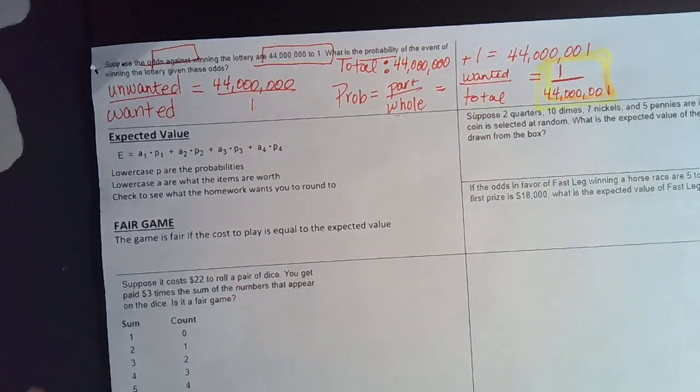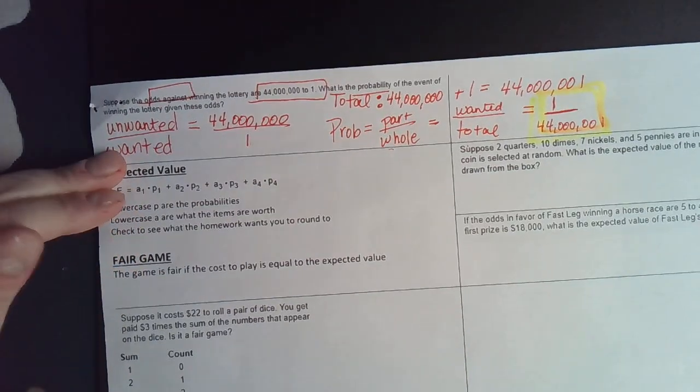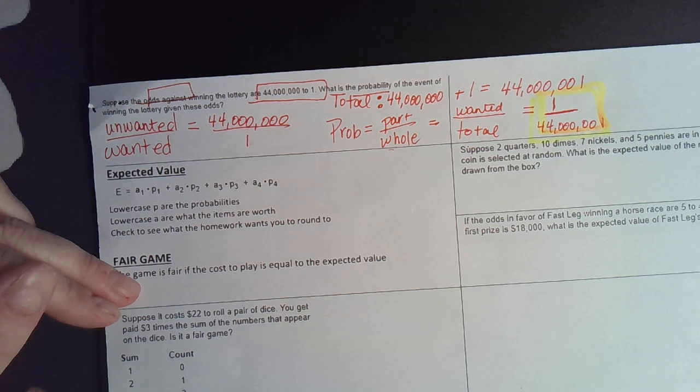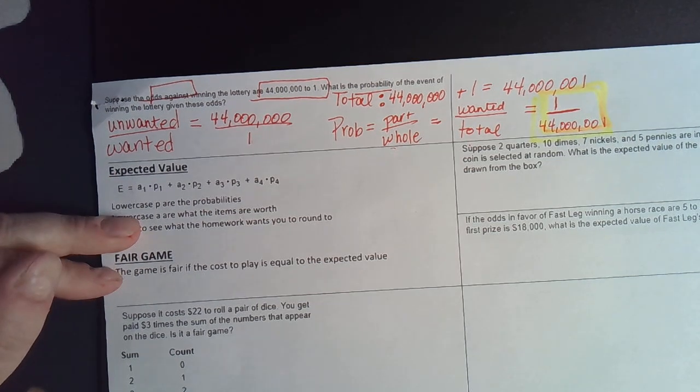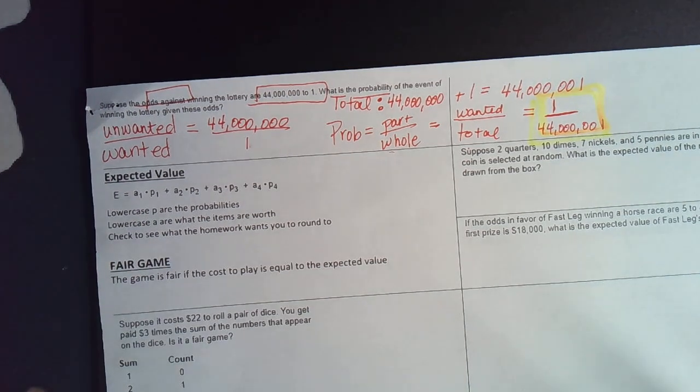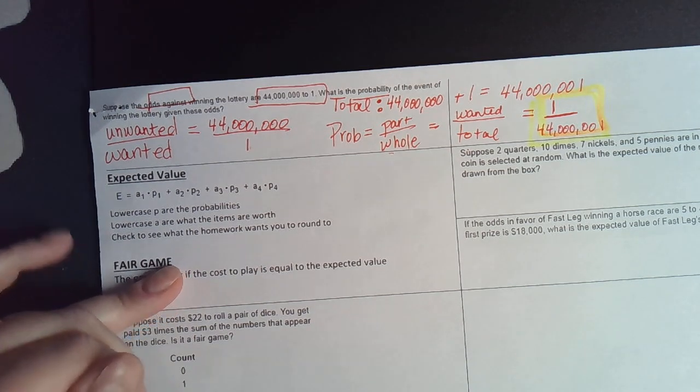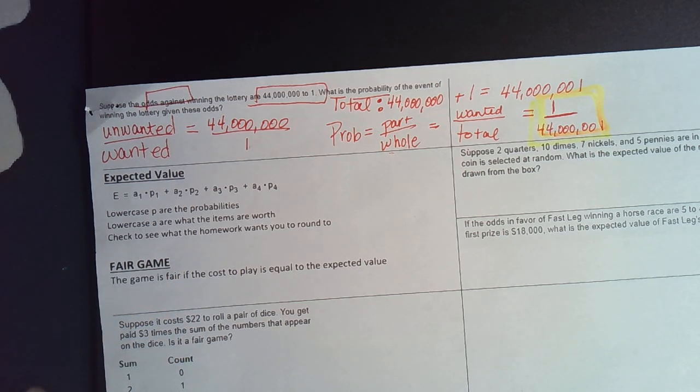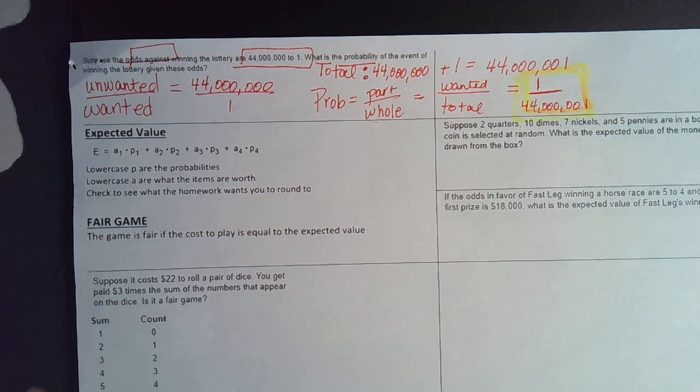Okay, let's look at this expected value and fair game. Expected value just means how much money you expect to get in total. Fair game means when the price you pay to get into the game is equal to the price you make off the game. So let's look at this little formula right here.